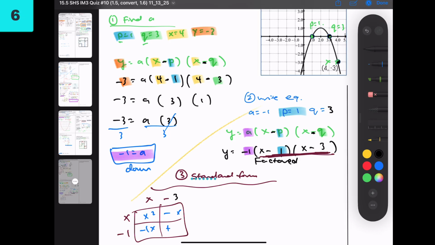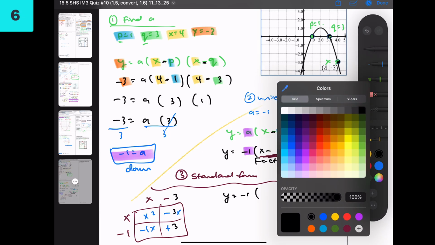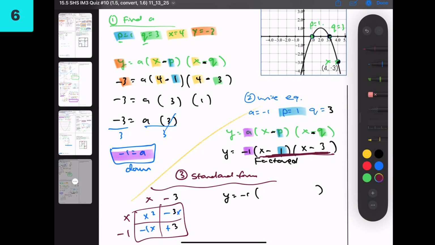So x minus 3, -3x, and positive 3. So that becomes burgundy, that's the color I wanted to say. X squared minus 4x plus 3. And then you got to distribute this -1. So -1x squared plus 4x minus 3. And this would be your answer.